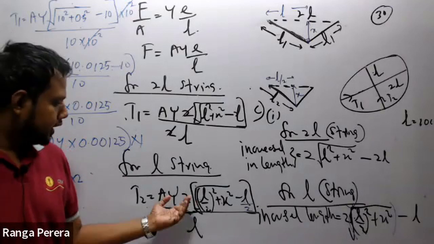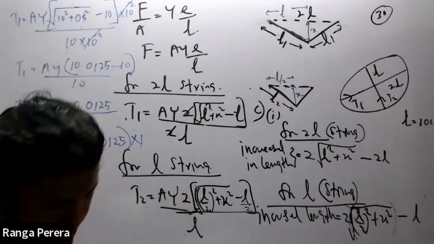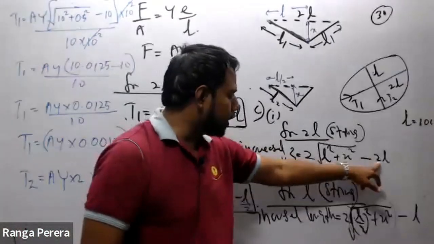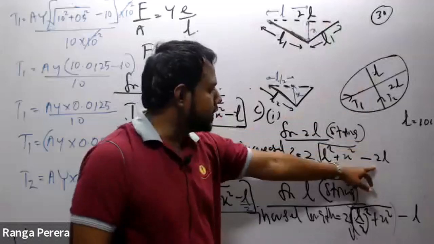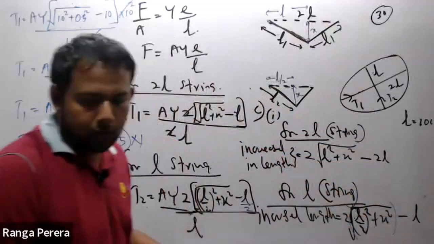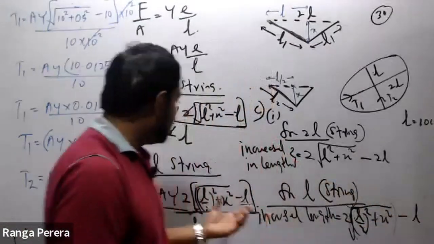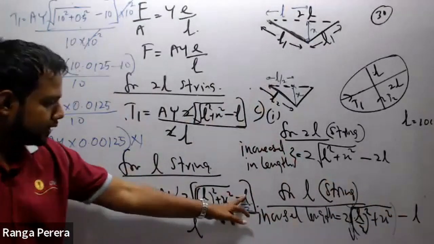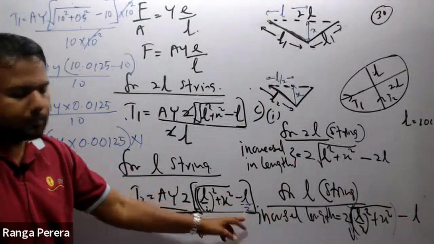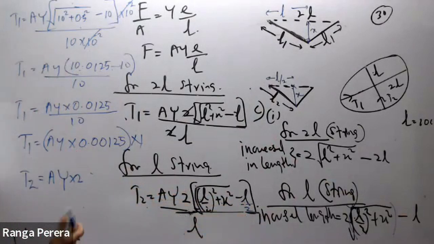If I take 2 out, not for T1, because that is 2L. The initial length is 2L, no need to change it there. But here it is not 2L, it is L. For the shorter string it is L, not 2L. When I take 2 out, I should make it L by 2, then only it becomes L. It should be L by 2 here. I made a small mistake earlier. It should be L by 2. Right.